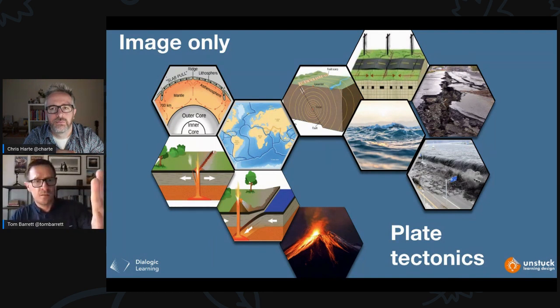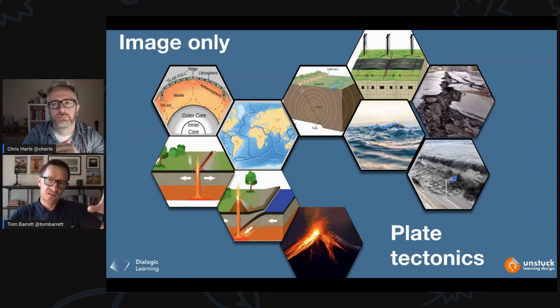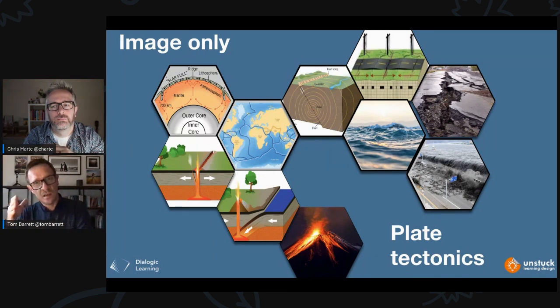You can imagine that these might have on the other side the key language, like a label, and so they could have different versions where they have to flip them over, or you might bring in a plate tectonics key vocabulary set that they have to connect back into this. There are so many different ways that you could use hexagonal thinking, and so we like to use it because it shows that very clear signal that these ideas are connected, and then we encourage the talk that comes around that.